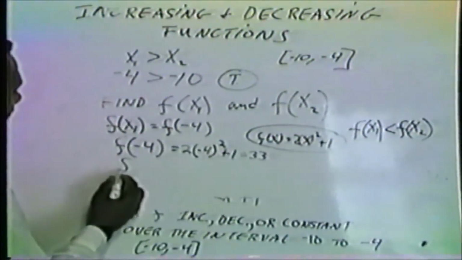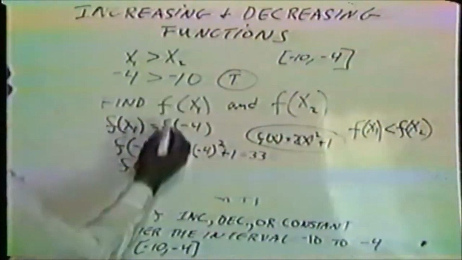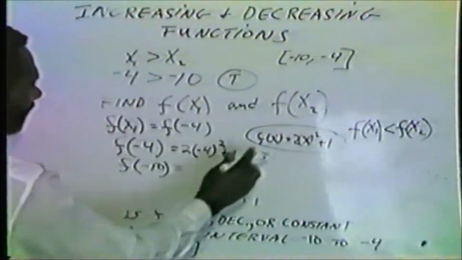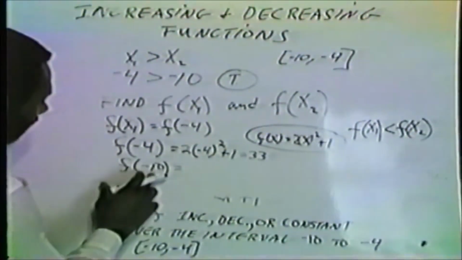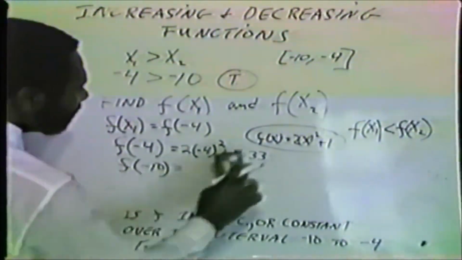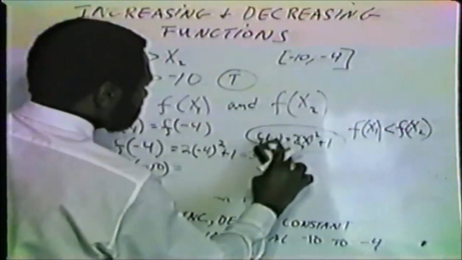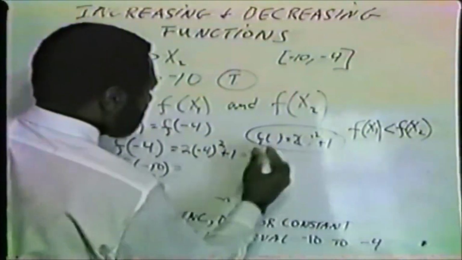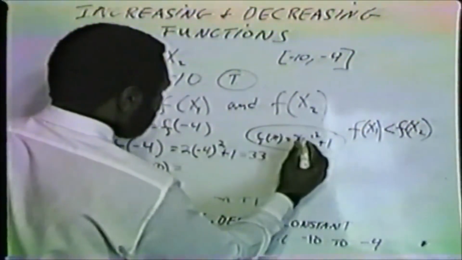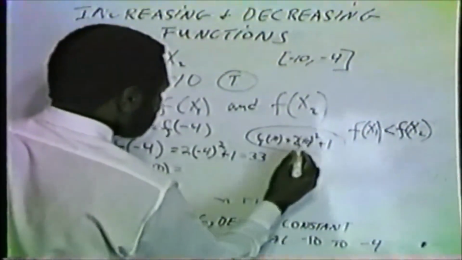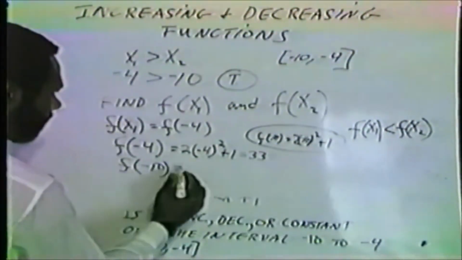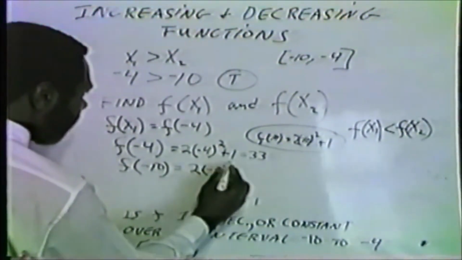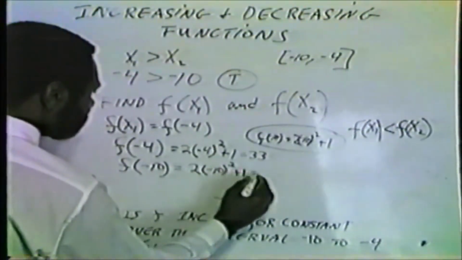Now we find f of negative 10. To find f of negative 10, everywhere we have x in our equation, we substitute negative 10. So that gives us f of negative 10 equals 2 times negative 10 squared plus 1.